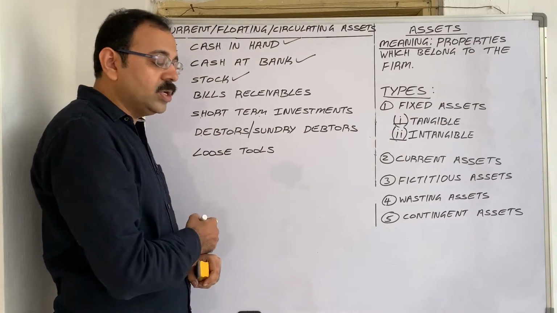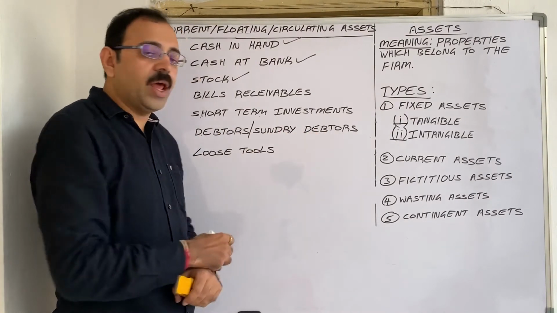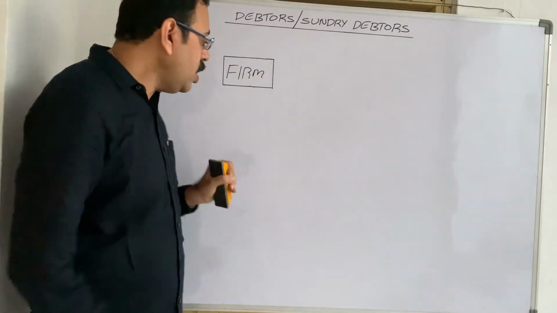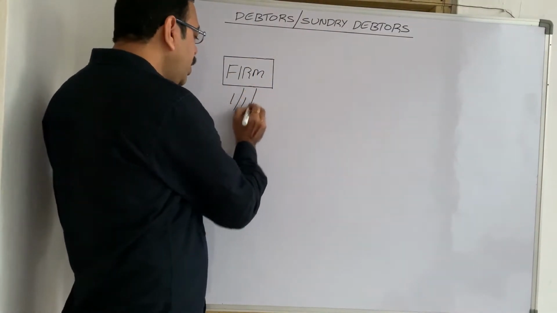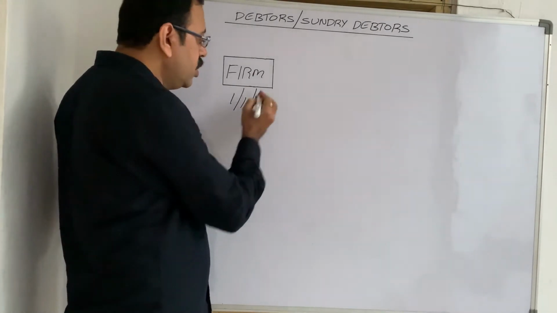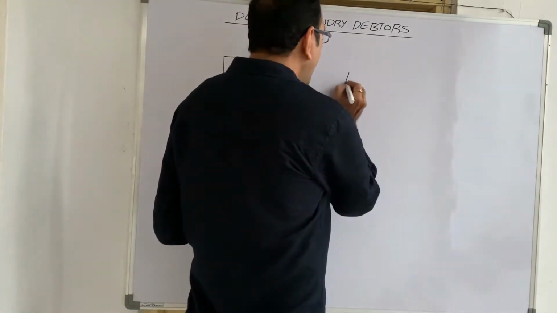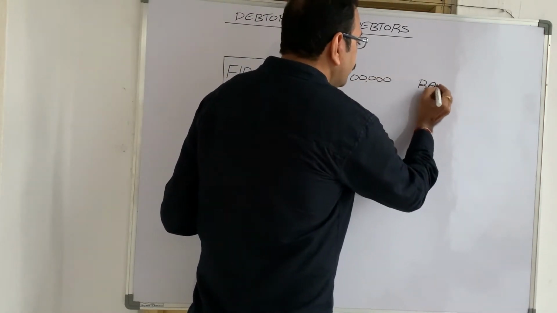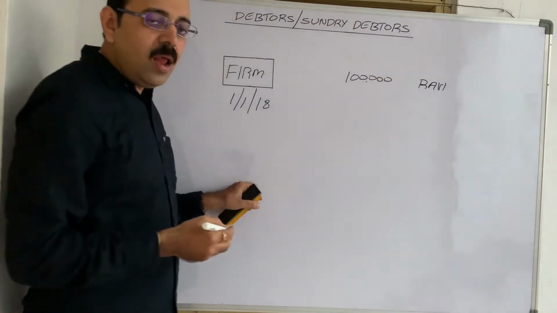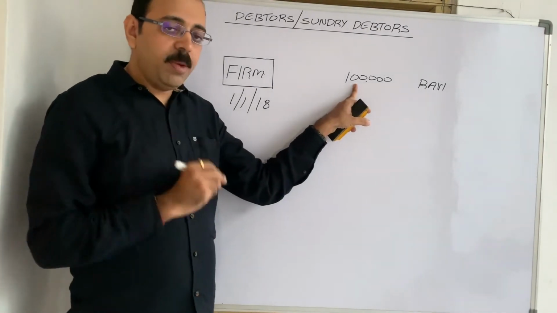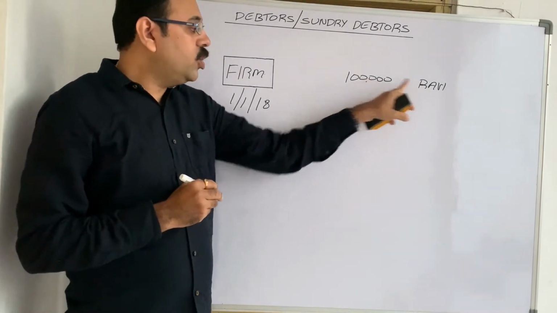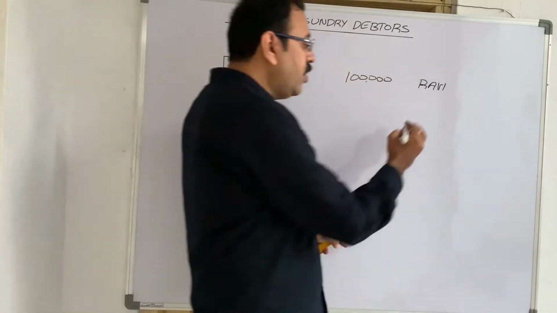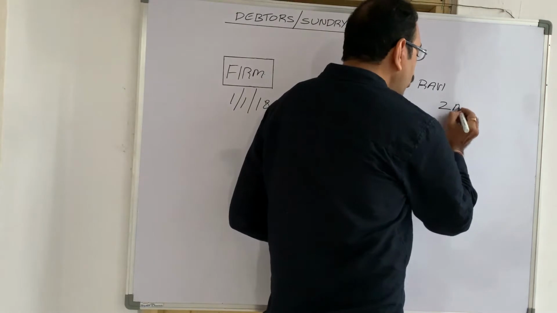Then debtors, also known as sundry debtors, means what? Debtor means what? For example, on 1st January 2018, the firm sold 1 lakh worth of goods to Ravi. We may sell for cash or on credit basis. Assume that we sold these goods to Ravi on credit basis, and Ravi requested 2 months time.